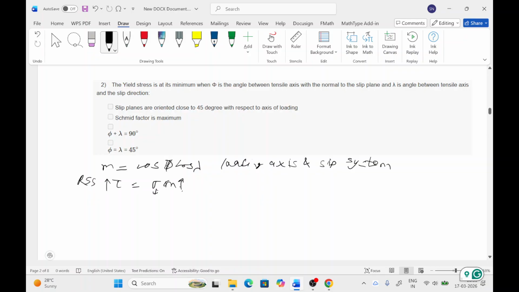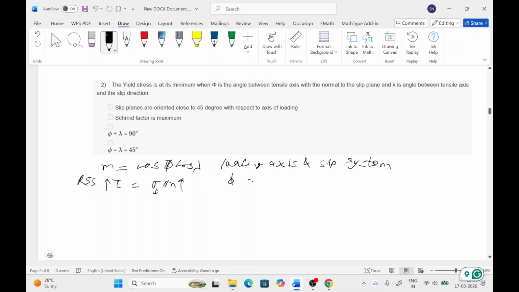To increase the Schmidt factor, the angles between the slip plane normal and the loading axis, and between the slip direction and the loading axis, should be approximately 45 degrees. Then cos phi and cos lambda give the maximum value.